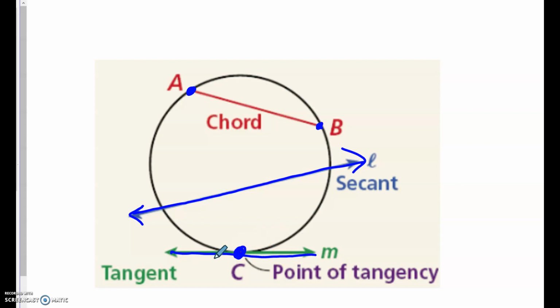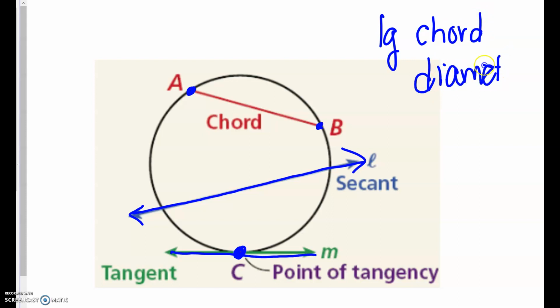That point is called the point of tangency. Now, what is the largest chord in a circle? The largest chord in any circle is going to be the diameter.